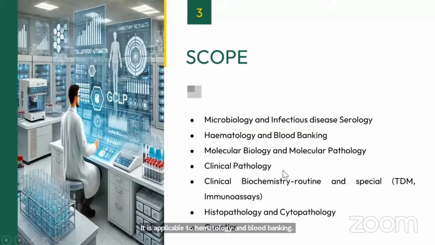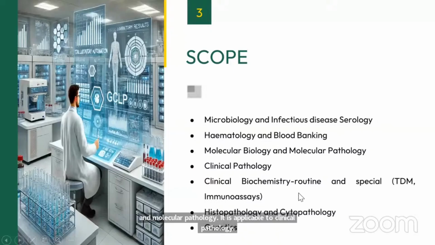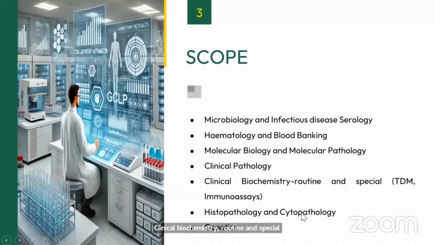It is applicable to clinical pathology, clinical biochemistry, routine and special assays or special techniques such as TDM and immunoassays. It is also applicable to the histopathology and cytopathology laboratories and genetics laboratories. So this is the scope of this document. To all these specialties and areas, this document will be applicable.